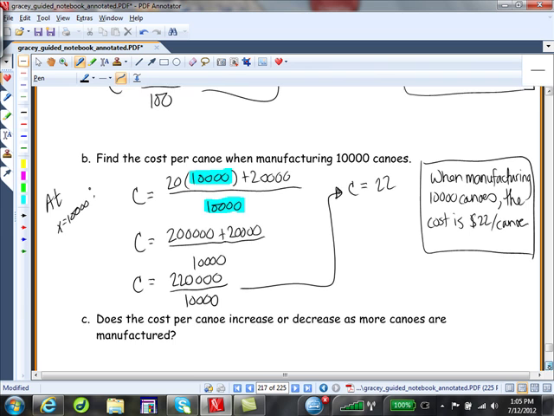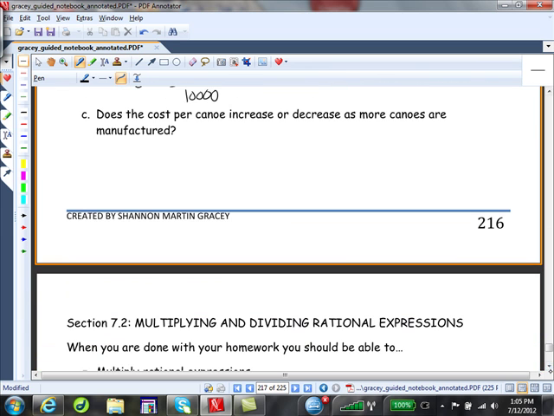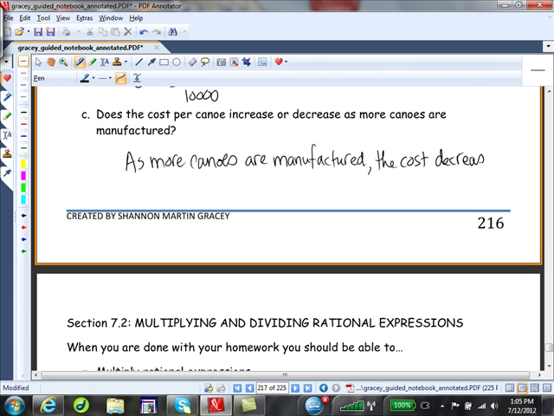And then, as more canoes are manufactured, the cost decreases.